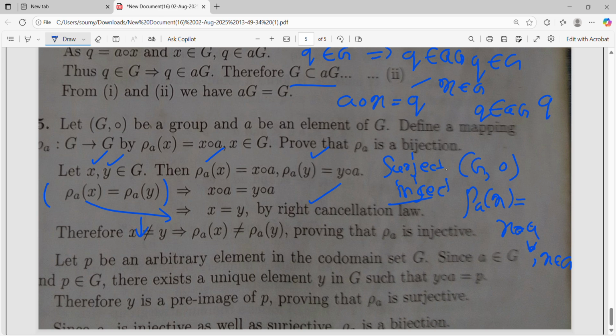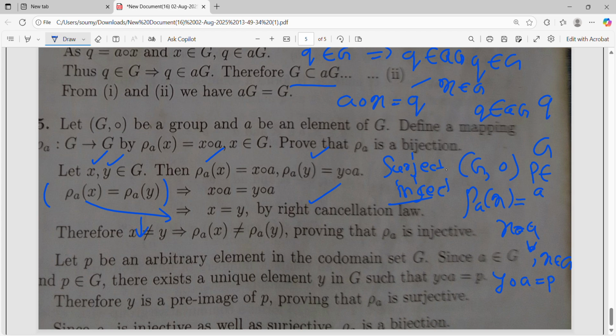Similarly, let p be an arbitrary element of the codomain set G, and a belongs to G. We already know that a belongs to G. So there must exist a unique element y in G, from the previous problem, such that y compose a equals p.